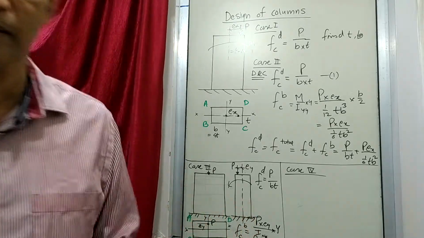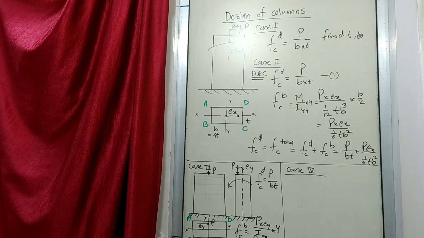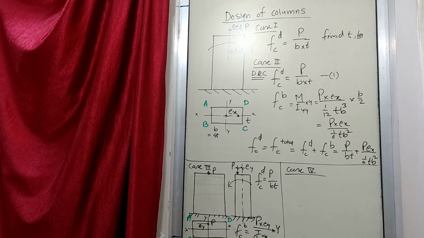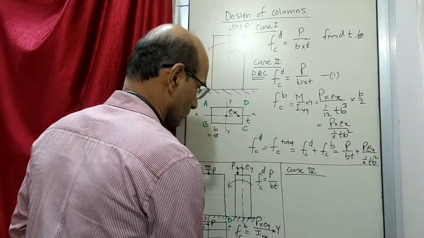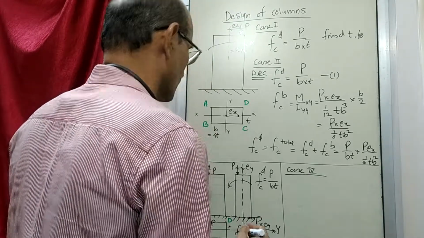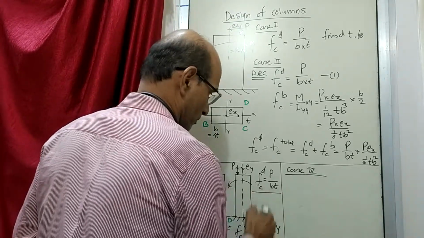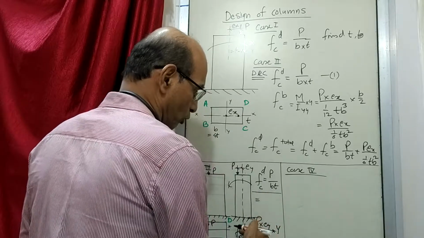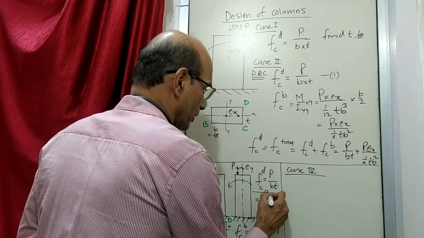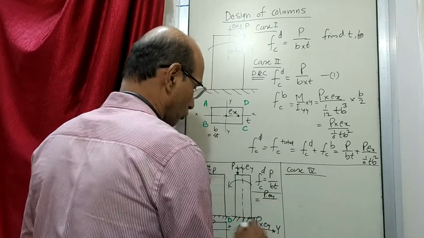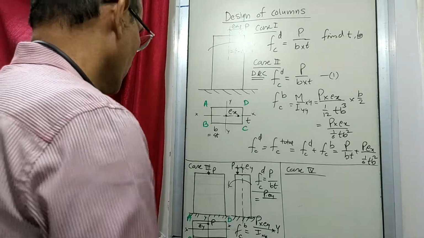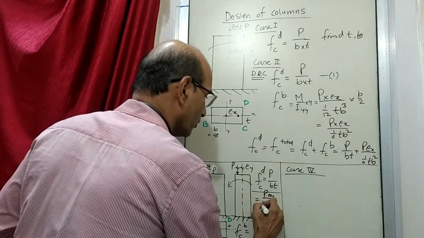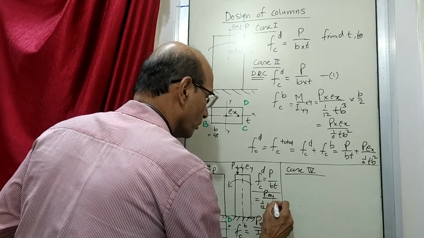Is it seen? And right here, I'll write it above, P into Ey upon Ix. Now it will be 1/12 of B T cube.